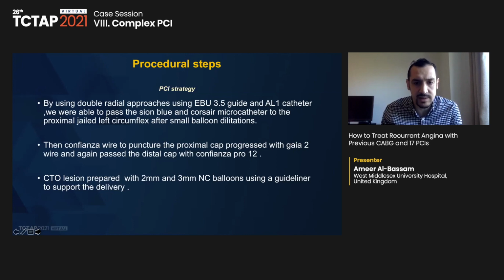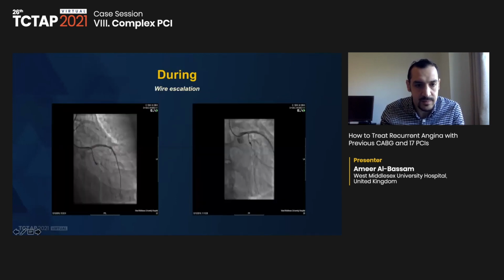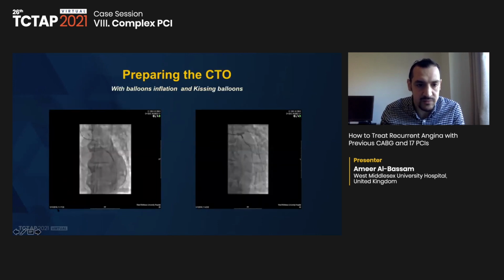We're using Confianza wire just for proximal cap, and then switch to Gaia 2, and then pass the distal cap also with Confianza, and then we prepare the lesion with 2 millimeters and then 3. And this is, we use the microcatheter, and that's how we progress with wire escalation using Gaia and Confianza.